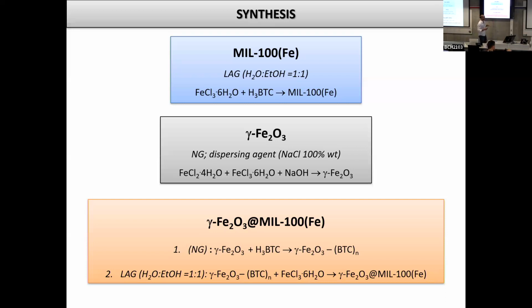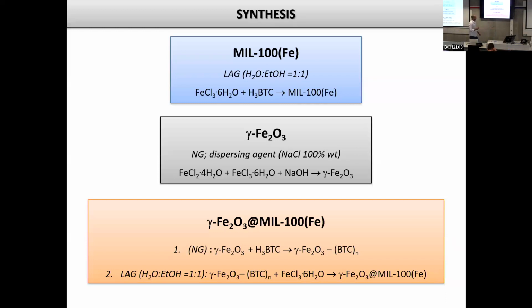This step was fundamental to direct the growth of the metal organic framework around the magnetic nanoparticles. In the second step, inside the jar, we also inserted ferric chloride and performed the synthesis of the material.